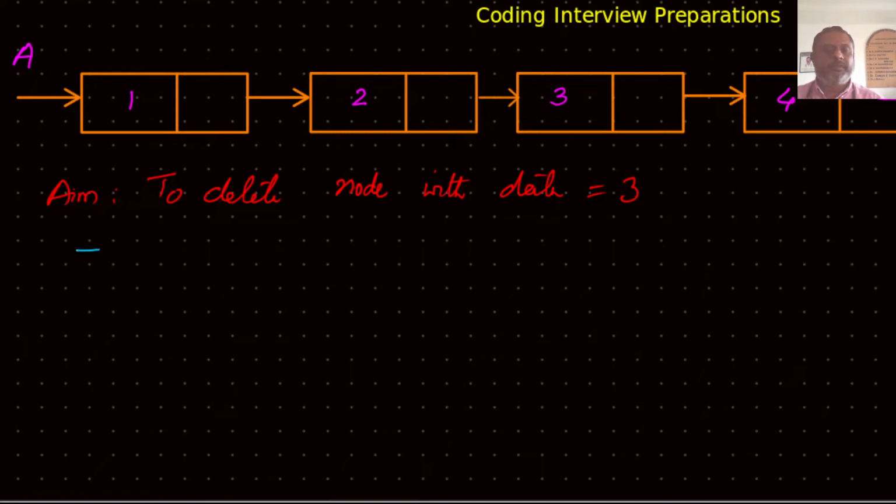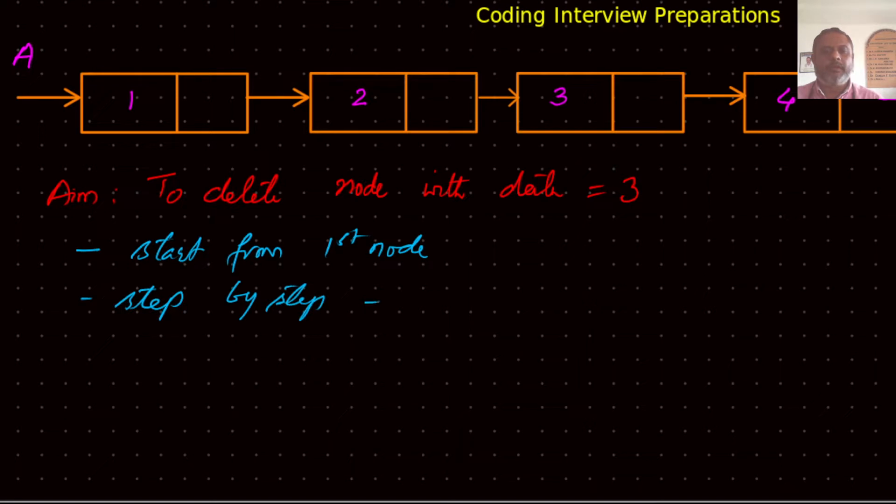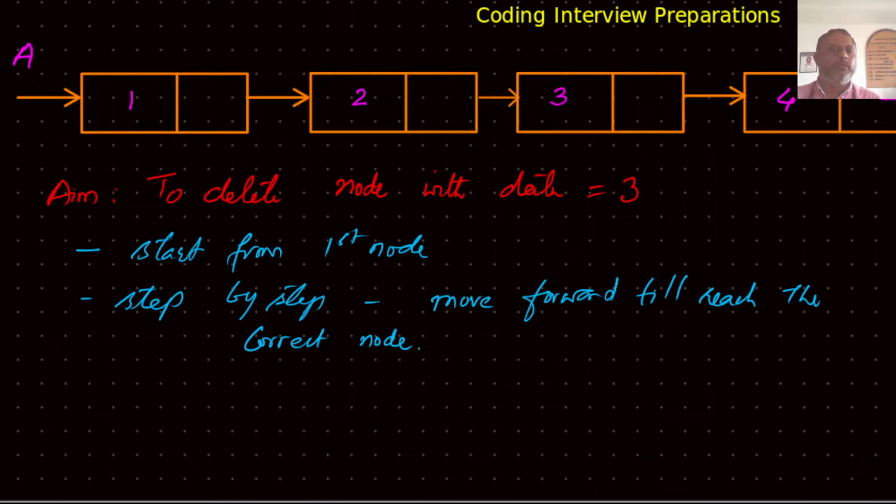The process is: start from the first node, then step by step move forward till we reach the correct node.